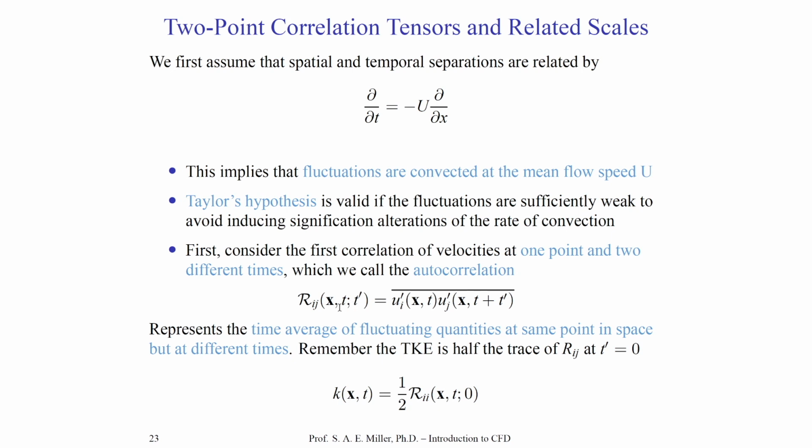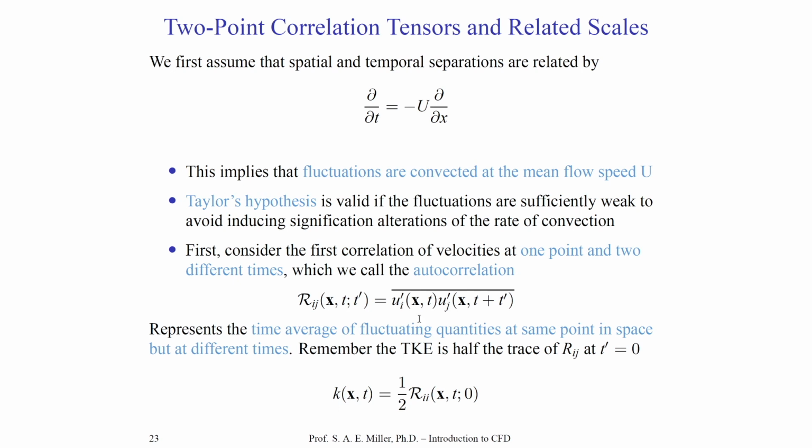Here t prime is 0 because t equals t prime. So we can rewrite this and recover the idea of the autocorrelation of the turbulent kinetic energy. That's K. So when you're running your CFD codes with a RANS model, it's going to give you K, which is essentially the trace of the 1/2 of the Reynolds stress term, which is, of course, the autocorrelation of the trace terms themselves individually added up.